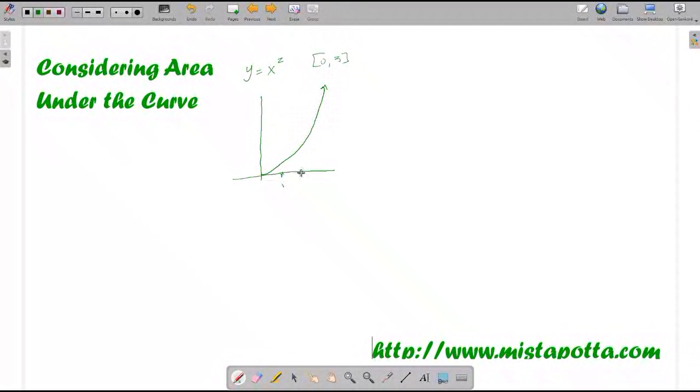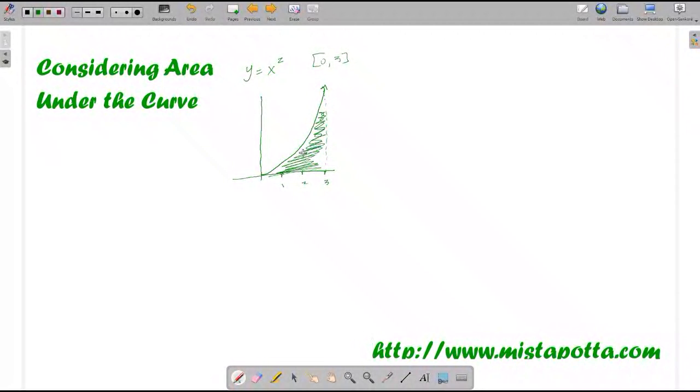At 1, at 2, and at 3. And I want to talk about what I can determine about the area under this curve. So I'm looking for this area here.